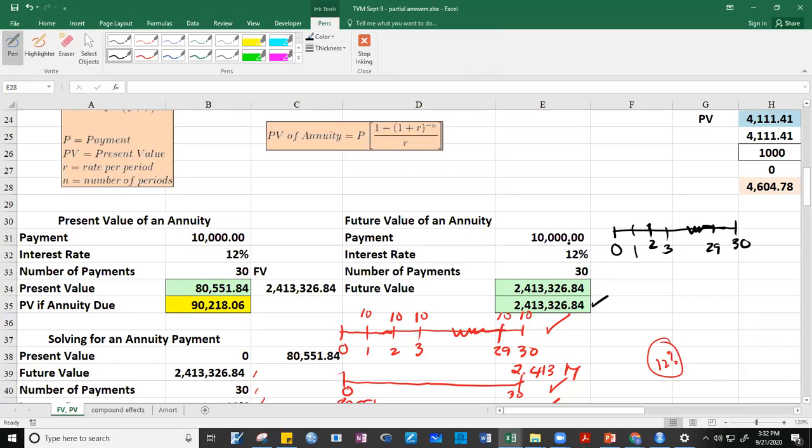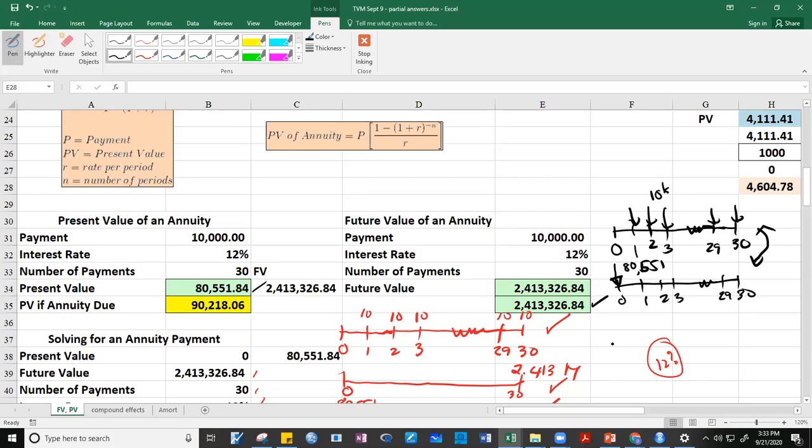So itong cash flows na to, 10,000 for the next 30 years, it's equivalent to, ito, yung 10,000 for the next 30 years, pareho lang yan sa value ngayon, 80,551. So these two are equivalent.